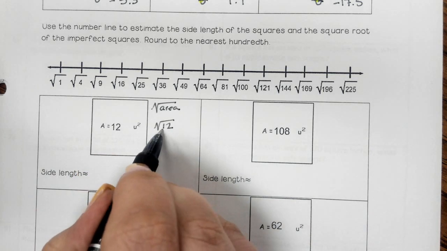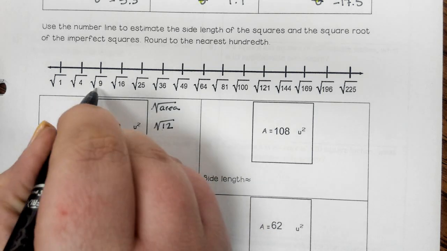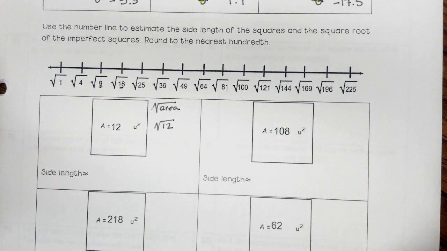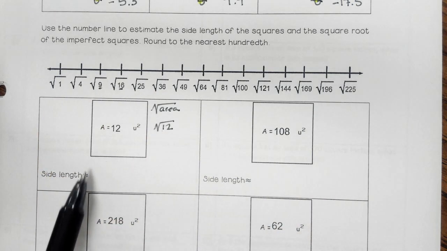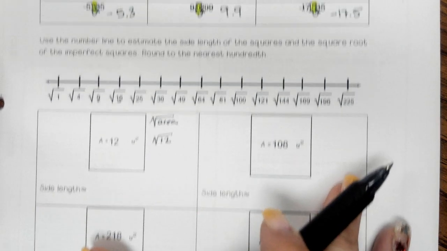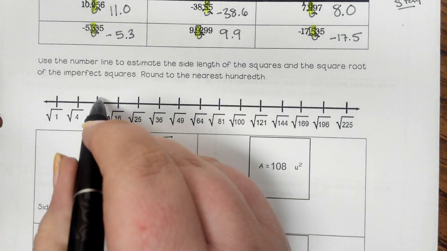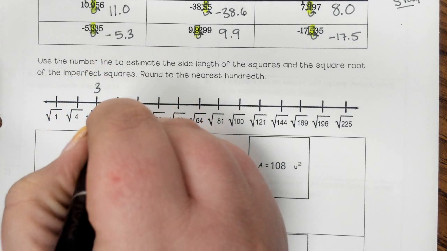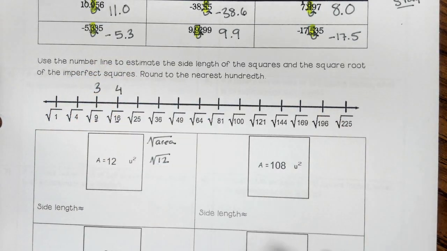We do know, though, that 12 is between 9 and 16. So I know that the side length is between the square root of 9 and 16. So we're going to look at our number line. The square root of 9 is 3, and the square root of 16 is 4.